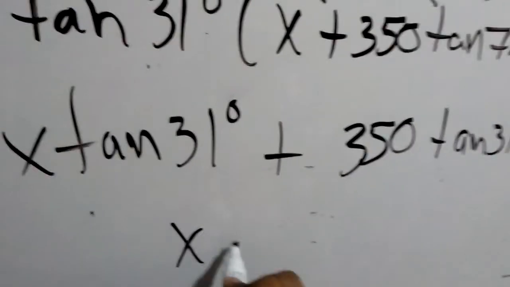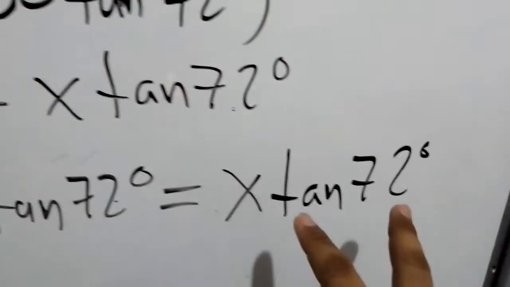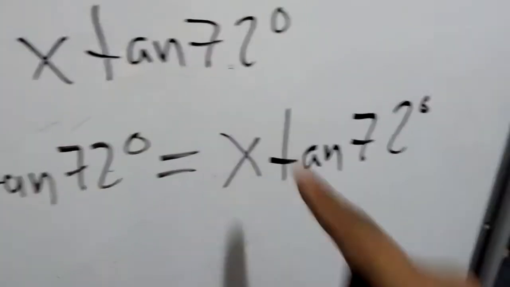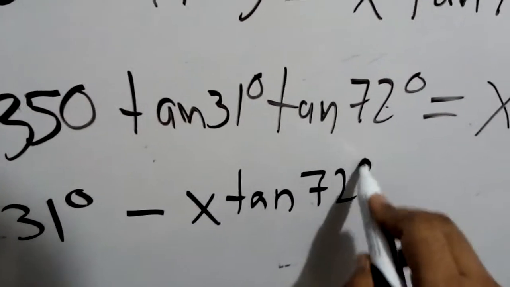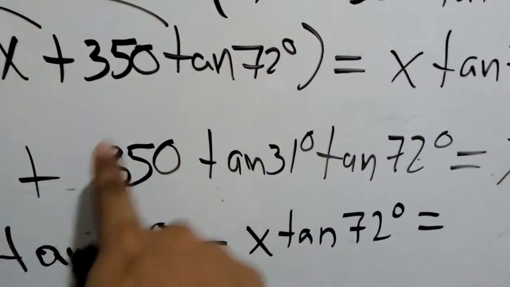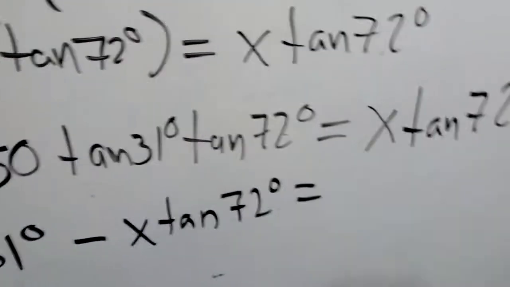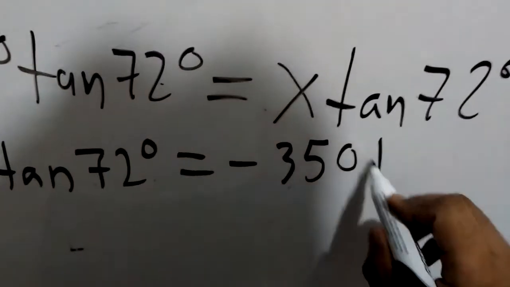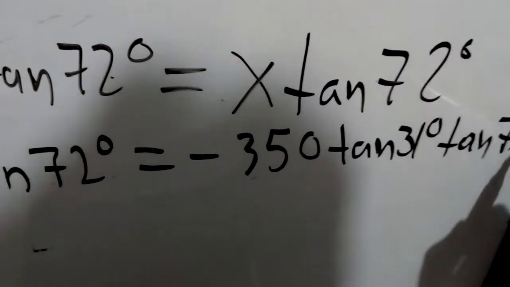So you have x tangent of 31 degrees, and this passes as minus, subtracting because here is plus, so minus x the tangent of 72 degrees equal, and this whole term, since it is with addition, passes subtracting, so it's minus 350 the tangent of 31 degrees, the tangent of 72 degrees.